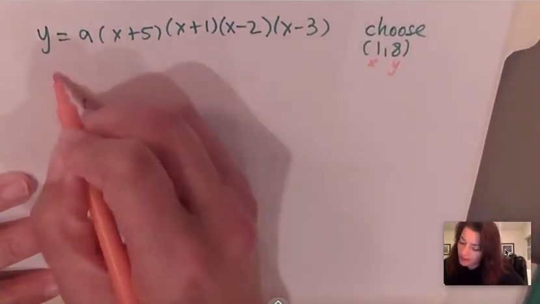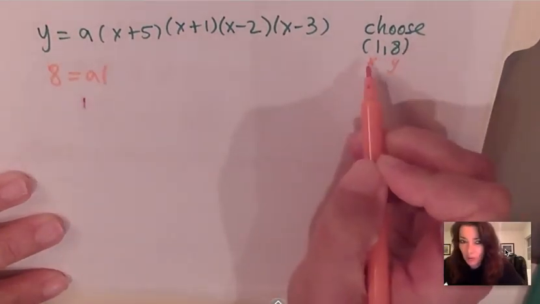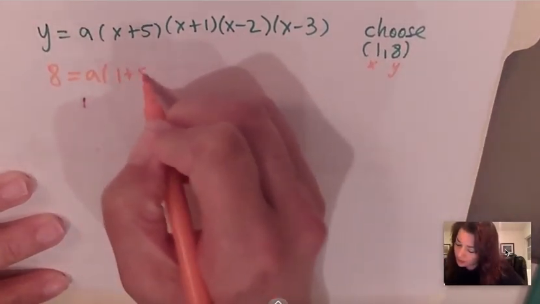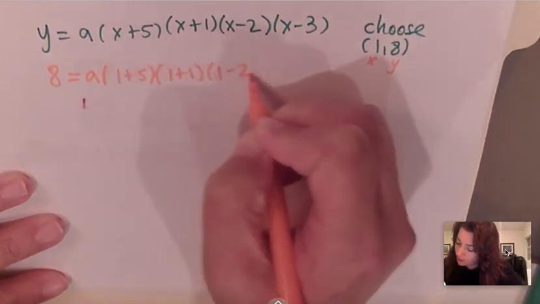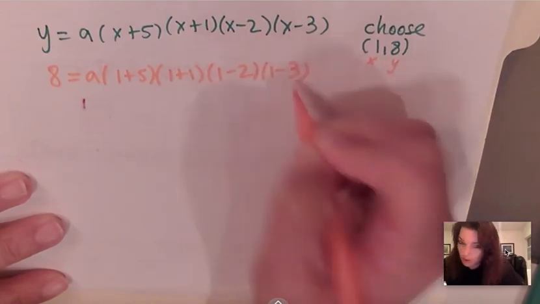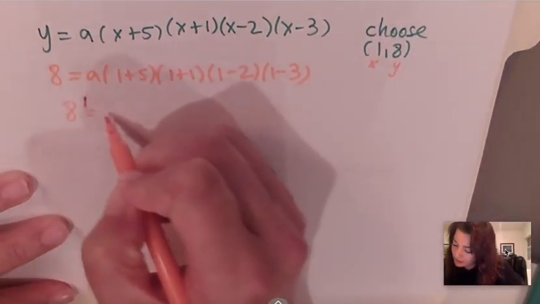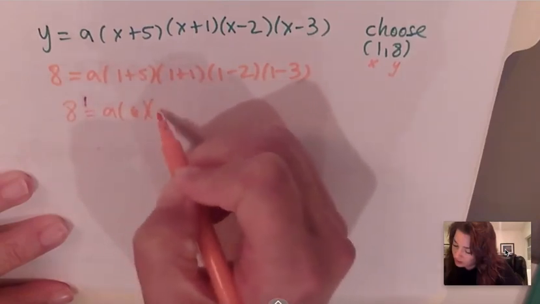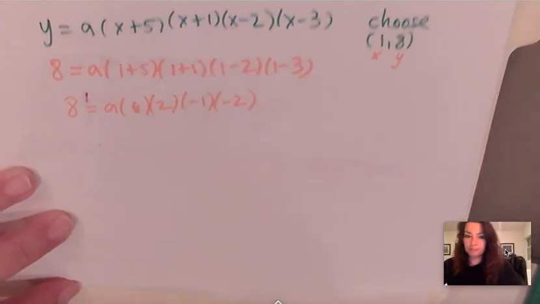So I'm going to go ahead and say 8 equals a. And now all my x's are 1. So this is going to be 1 plus 5 times 1 plus 1 times 1 minus 2 times 1 minus 3. And then I'm just going to simplify this. So that is 8 equals a times 6 times 2 times -1 times -2.